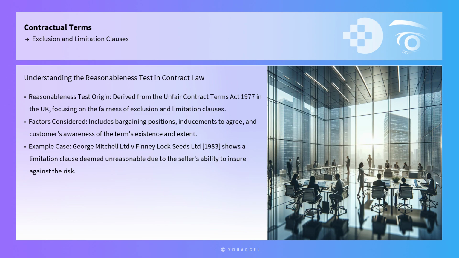For instance, in the case of George Mitchell Ltd v. Finney Lock Seeds Ltd, 1983-2 AC 803, the House of Lords held that a limitation clause was unreasonable because the seller could have easily insured against the risk. This case illustrates the importance of ensuring that limitation clauses are not only clear but also fair and justifiable.